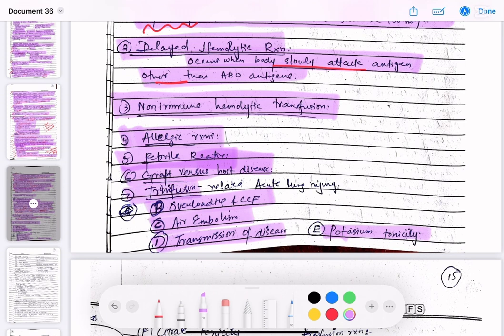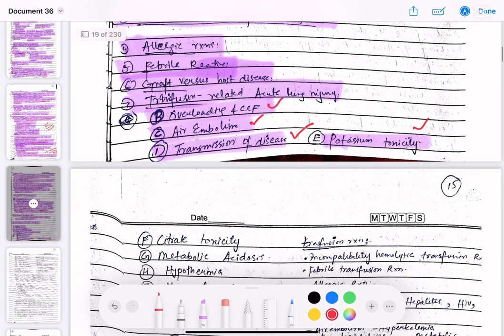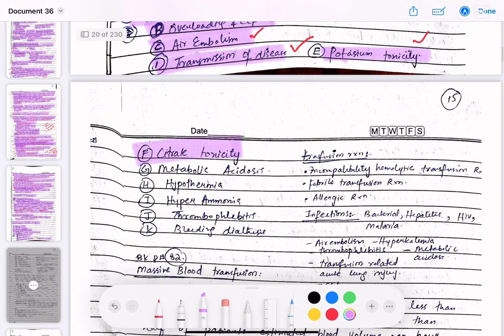So all of these are the transfusion reactions. Complications include overloading and congestive cardiac failure, air embolism, transmission of disease, and potassium toxicity, citrate toxicity, metabolic acidosis, hypothermia, hyperammonemia, thrombophlebitis, and bleeding diathesis. All these are the complications of blood transfusions.